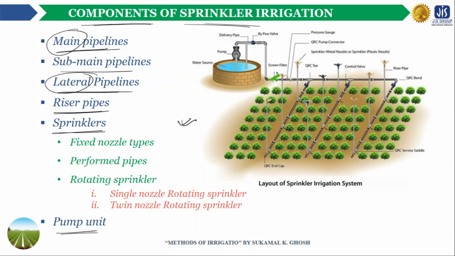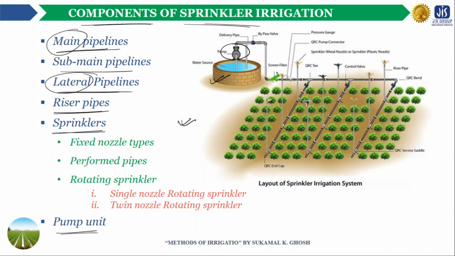You can see in this picture a layout of a sprinkler irrigation system, where this is the pump, and this pump lifts water from the source. In this particular case, this well is the water source. So this pump lifts the water from the source and supplies it through the pipes.